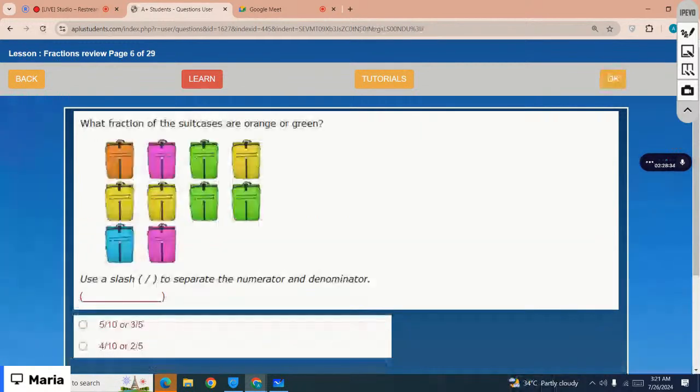What fraction of the suitcases are orange or green? Which is the correct option?